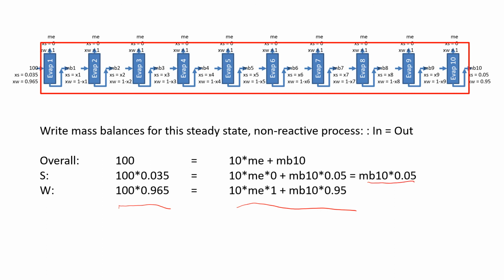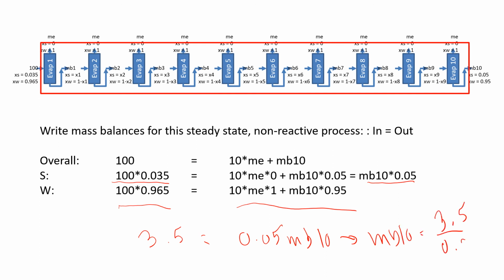And it's this equation right here: 100 times 0.035, which is 3.5, is going to be equal to 0.05 times MB10. So MB10 is 3.5 over 0.05.